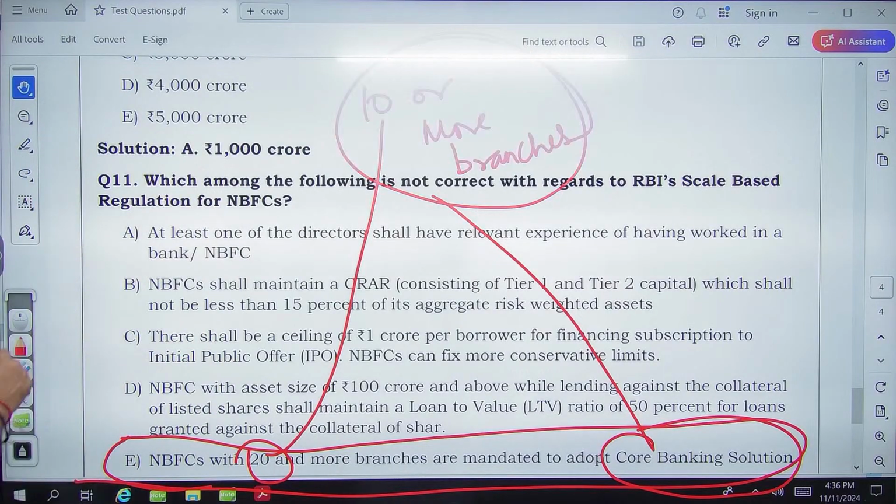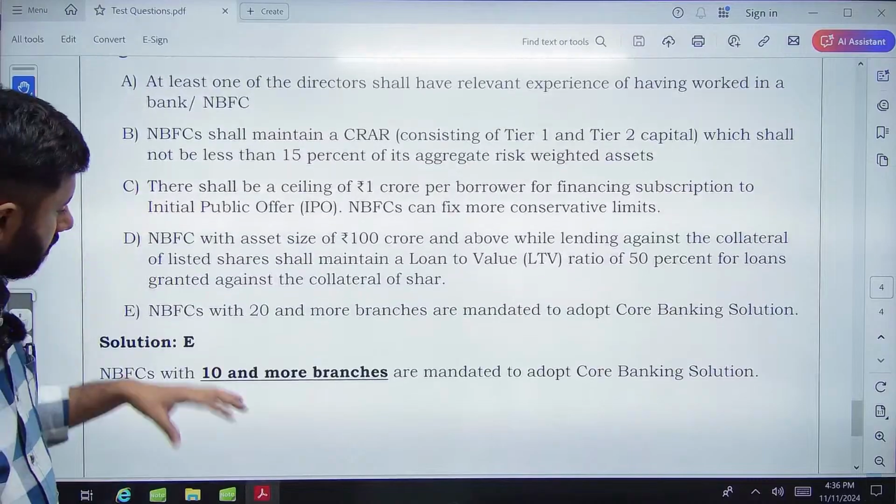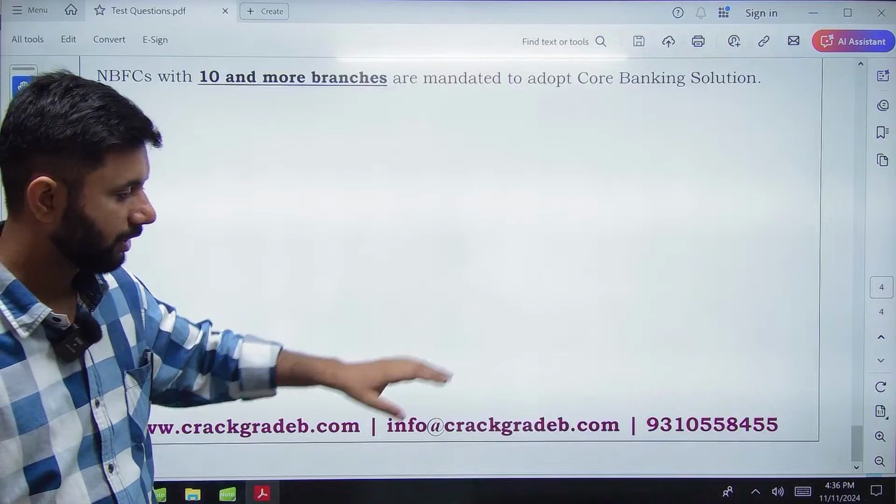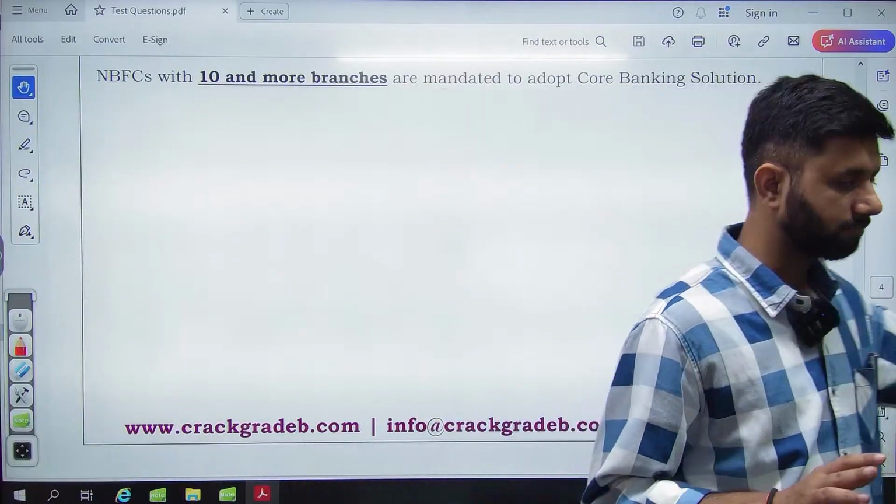Okay, is this clear? Any confusion? 10 and more branches to adopt core banking solutions. अभी तक किसी को कोई दिक्कत किसी भी चीज में?